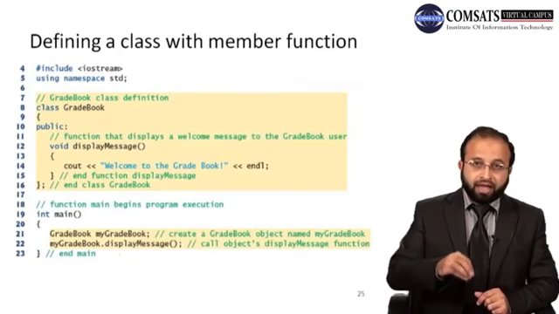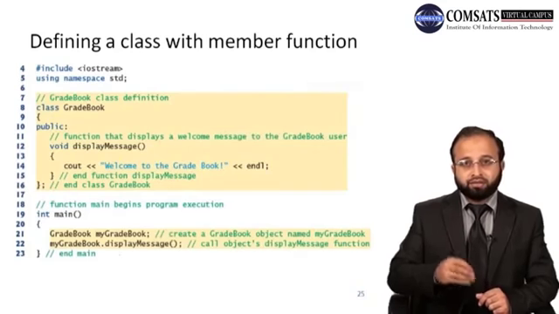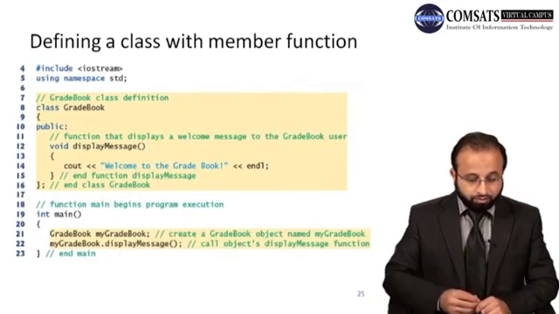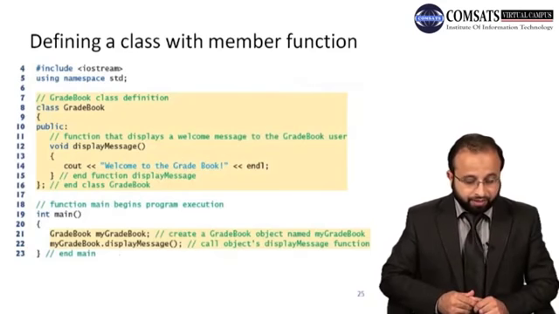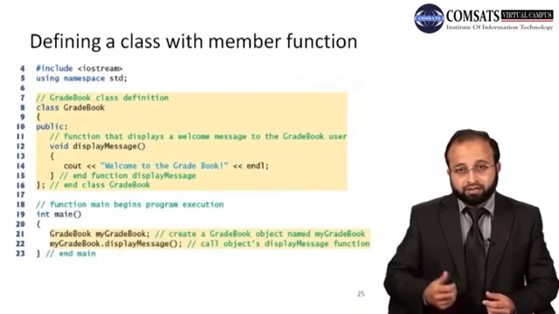So in order to execute the public member function of a class, you have to specify the object of that class. So these functions are executed basically with the object, right?